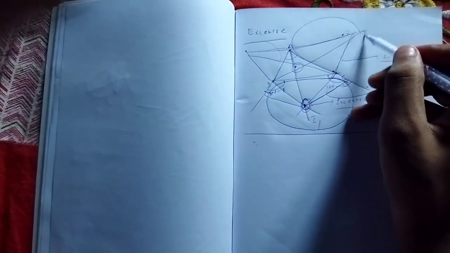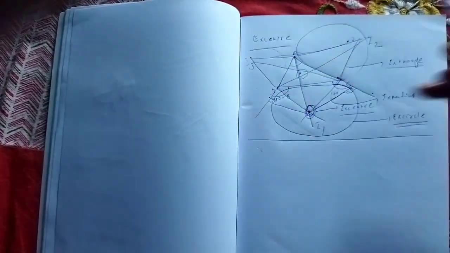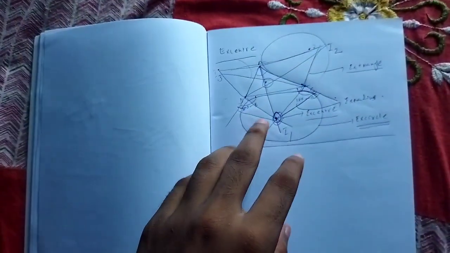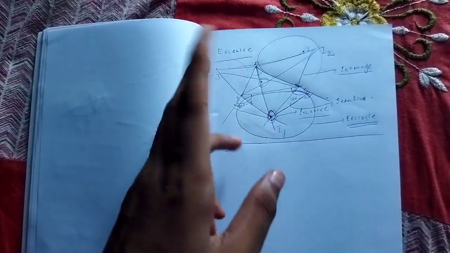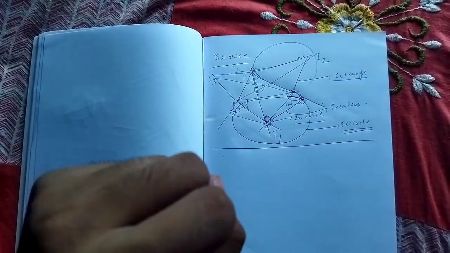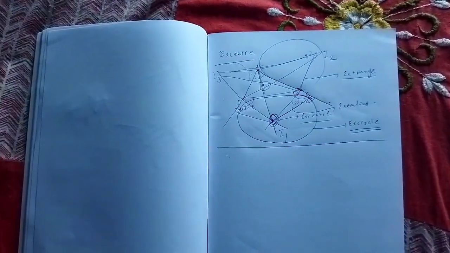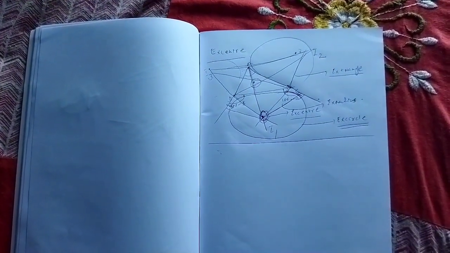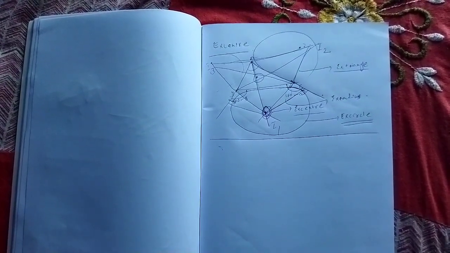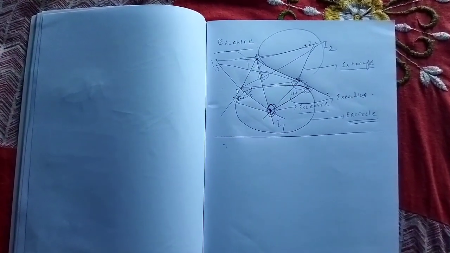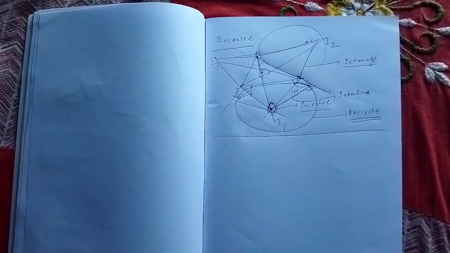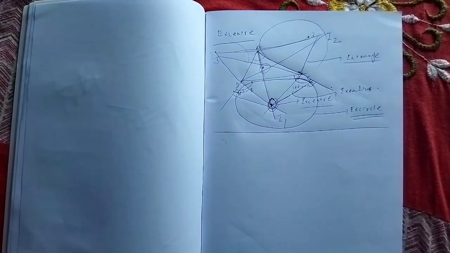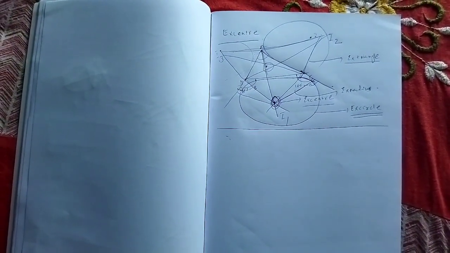The three excenters are denoted as I1, I2, I3, and the three excenters have three circles known as excircles, and their radii are known as exradii. We can draw a triangle joining the three excenters, known as the excentral triangle, right?